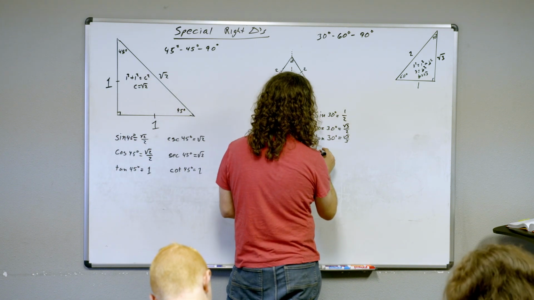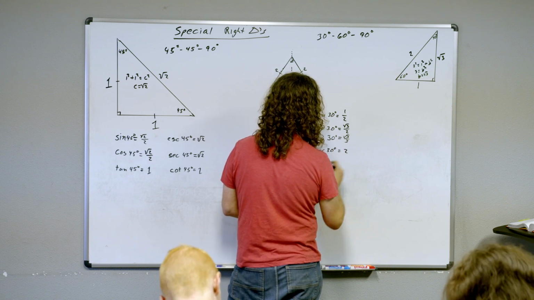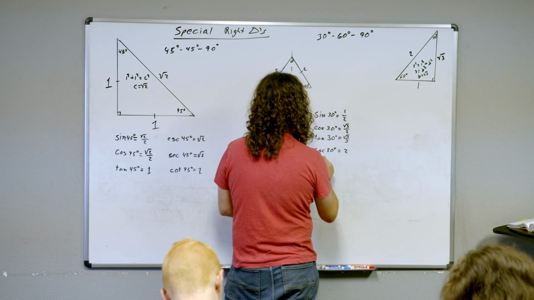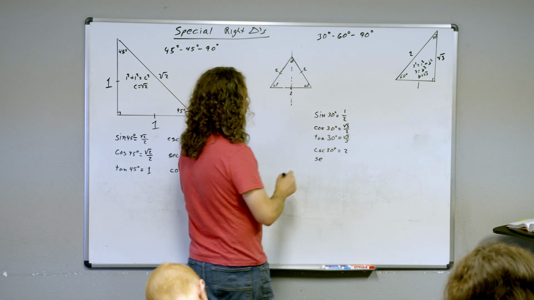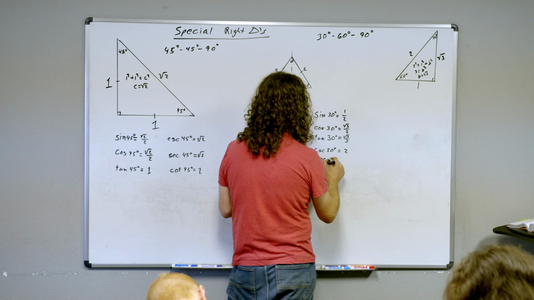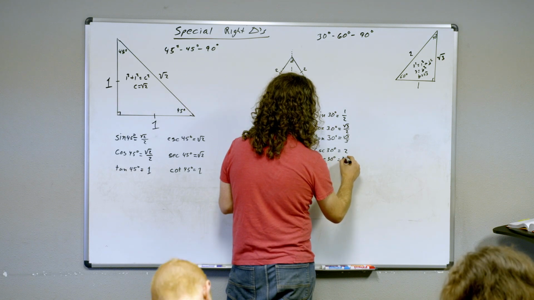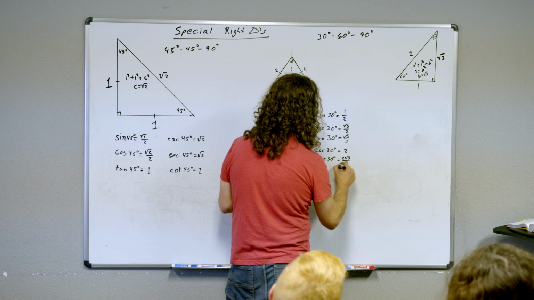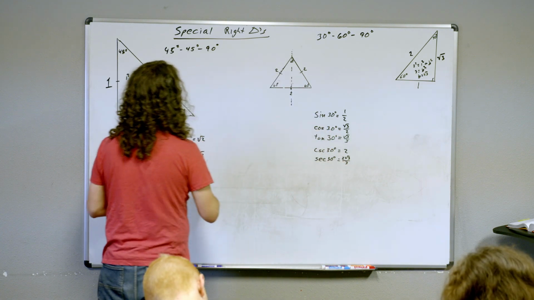So the cosecant of 30 degrees is 2. And the secant is going to flip over square root of 3 over 2, so it's got to rationalize into 2 times the square root of 3 over 3. Let me walk that one out in the margin.